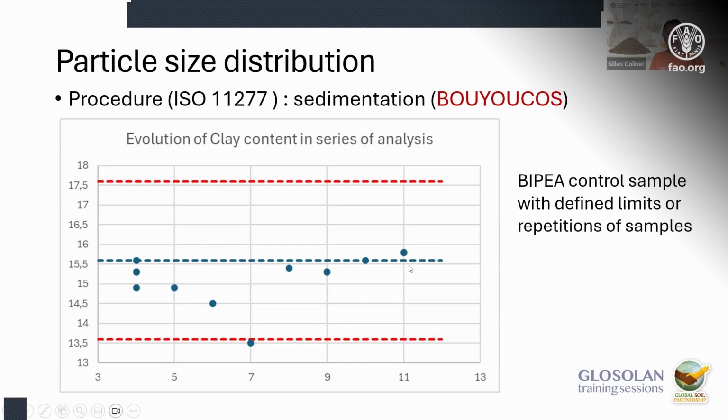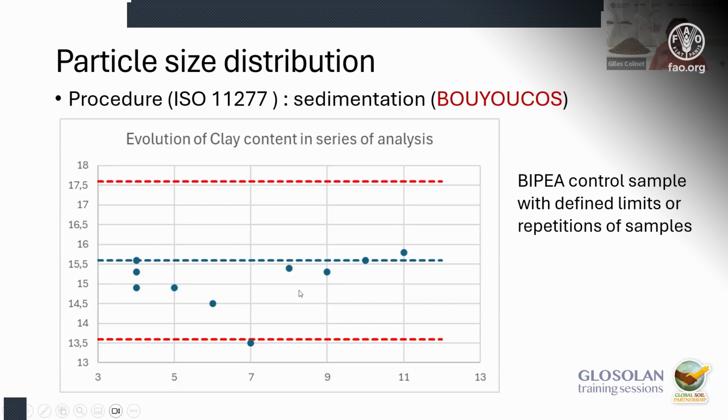This target value is calculated on the basis of all the participating laboratories. So it's a general mean, and according to the variation that you could have, you have a tolerance value. Our standard should be between the red lines.